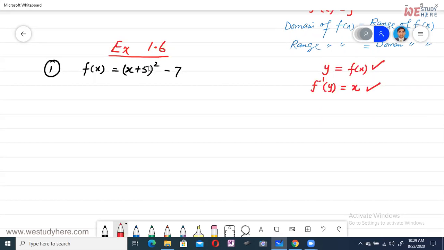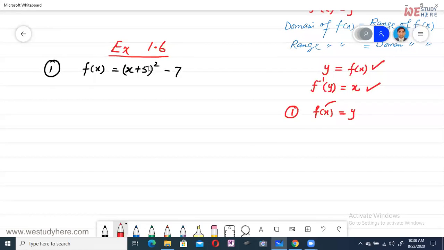Now in inverse function, we will do these processes, then you can get the inverse function. In the first step, you will replace f of x with y.